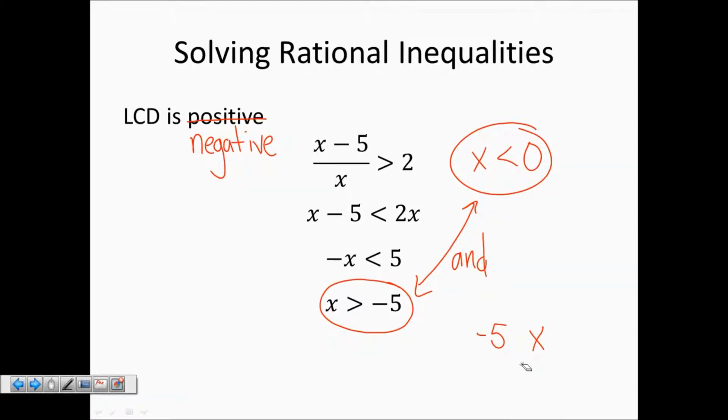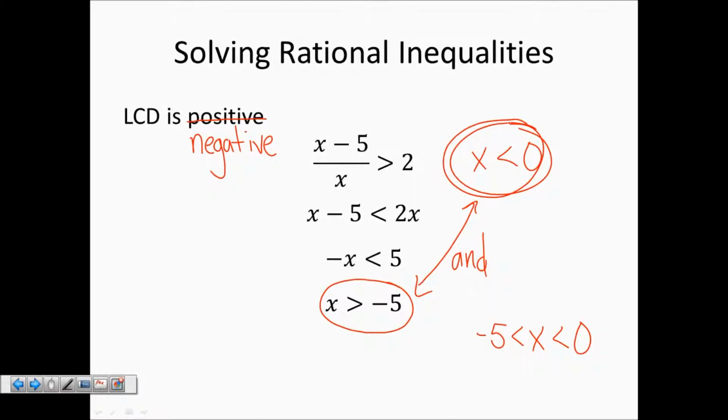When x is greater than negative 5 and less than 0. So this only works for a very narrow band of numbers, numbers that are greater than negative 5 but less than 0. So these two statements, the one that I create and then my solution, need to agree.